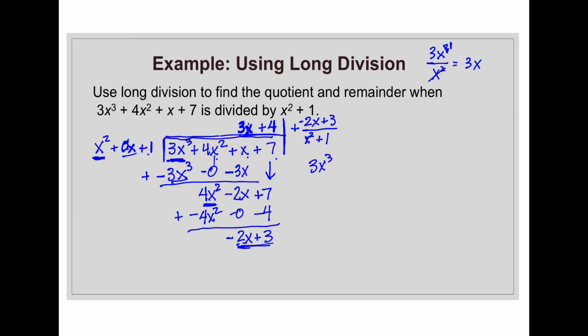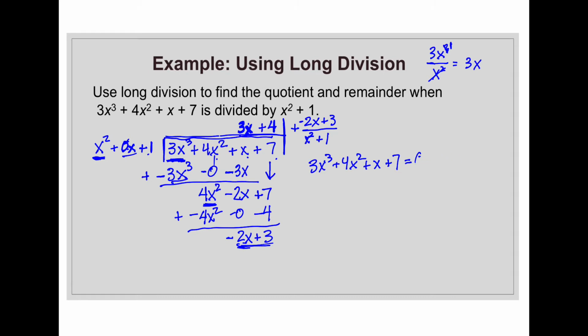3x to the third plus 4x squared plus x plus 7 is equal to, well, or we could put divided by, I'm going to put both here, but equal to 3x plus 4 times, actually I wanted to do that in a different order.